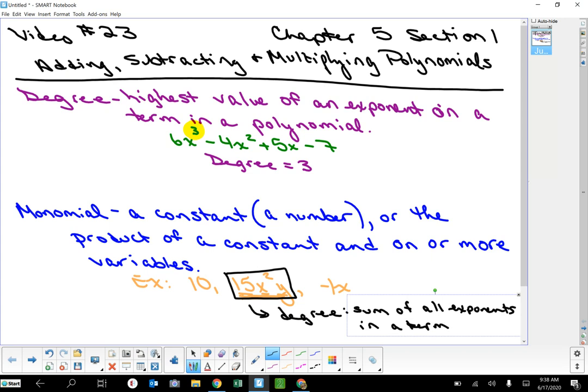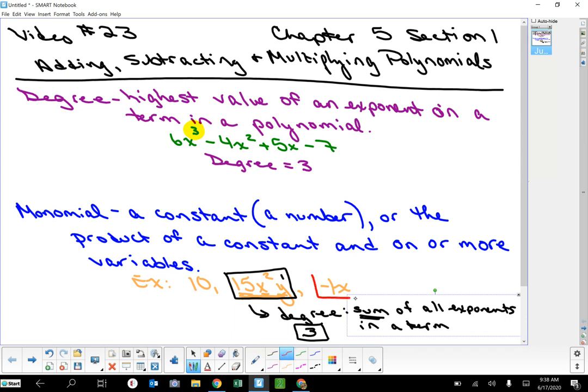The y has a 1, so this would have a degree of 3 because the x is squared, the y is 1, and you sum, which means you add, all of the exponents in a term. So the degree of the 15x squared y would be 3.